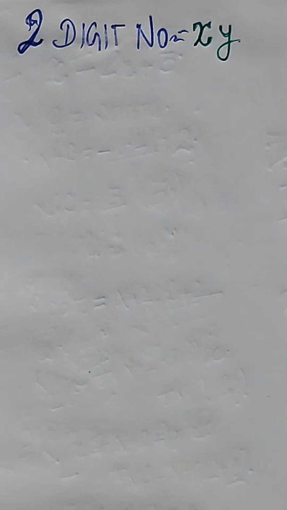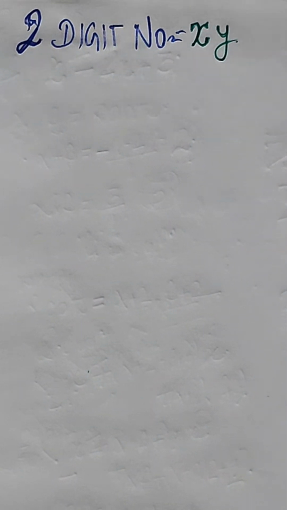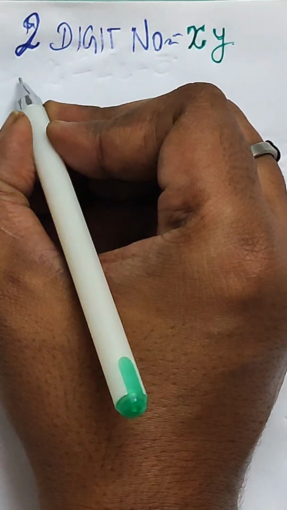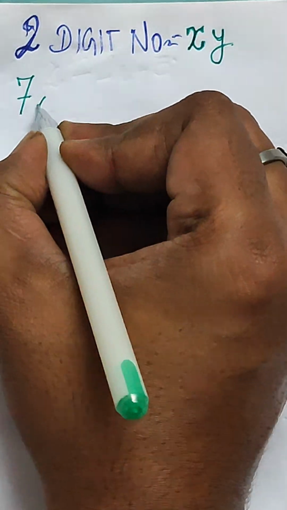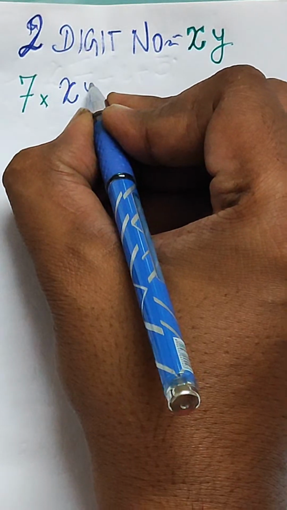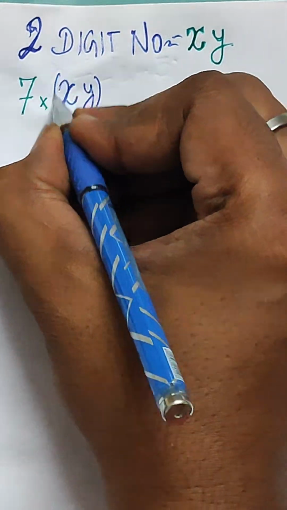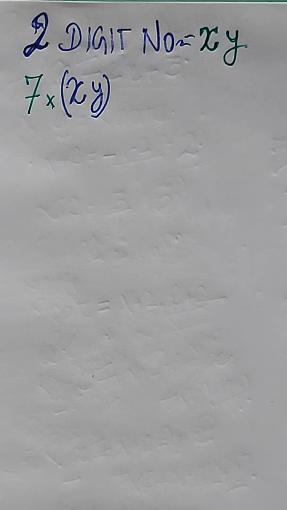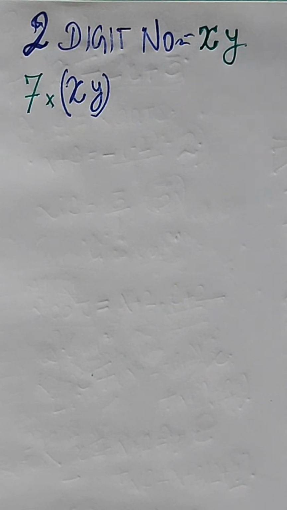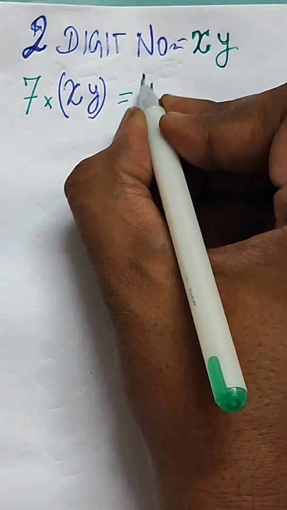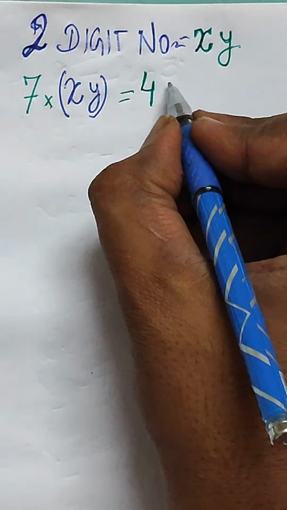Now it's given that 7 times a two-digit number. If this is the two-digit number, then 7 times this two-digit number is equal to 4 times the number obtained by reversing the digits.